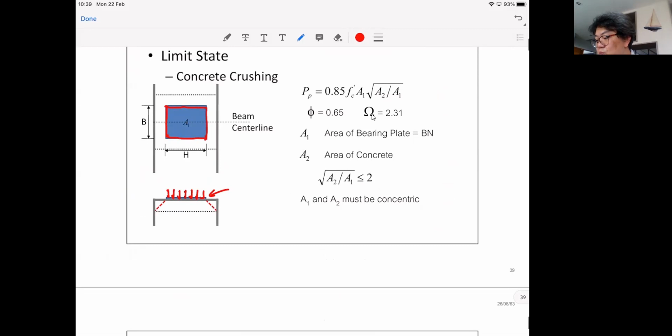It will fail somewhere down below where the stress is distributed wider, deeper. But unlike the local web yielding, this distribution is based on a 1-on-1 ratio.